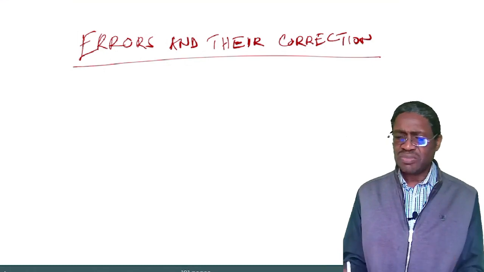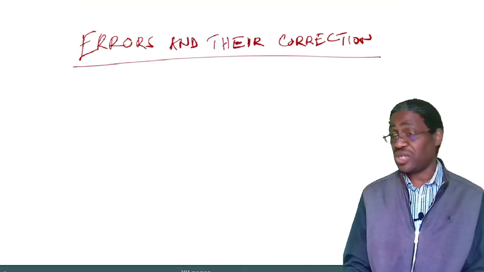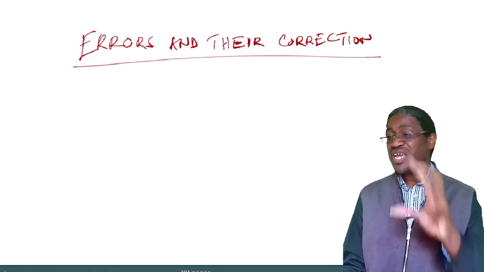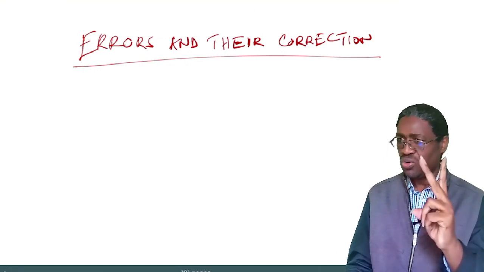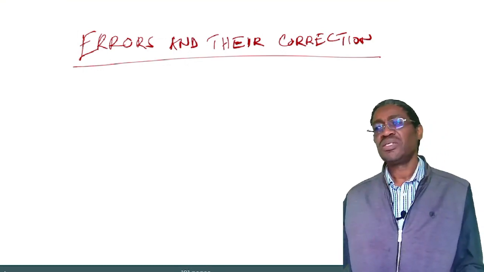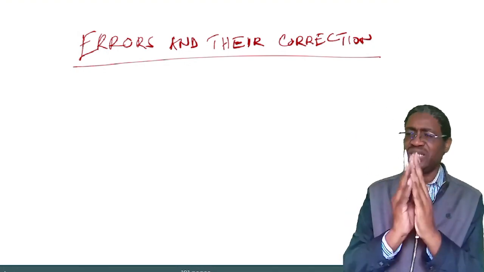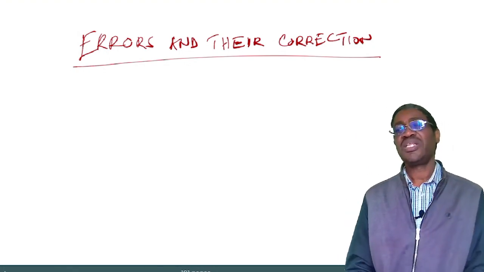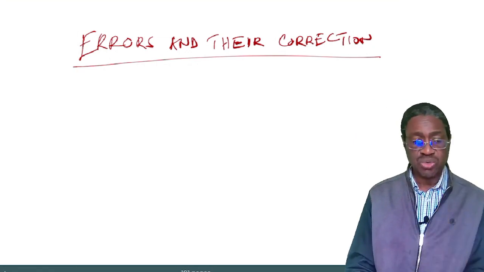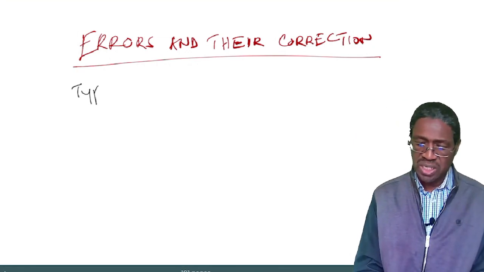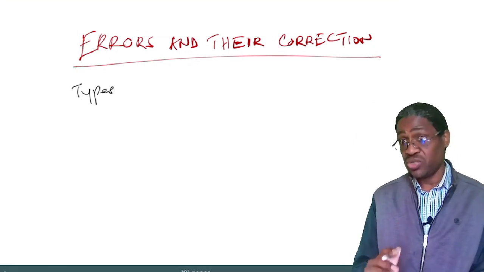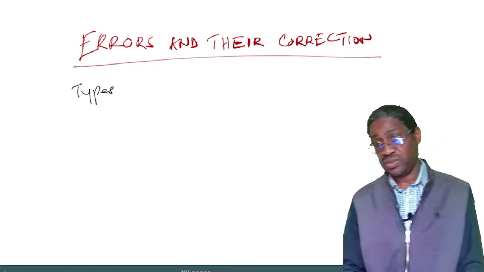The errors that may be committed in the recording of the transactions in the books may be classified into two categories. That means there are two types of errors.